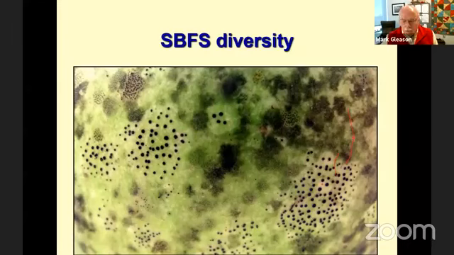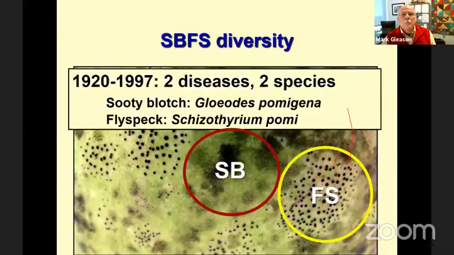This effort combining genetic analysis or molecular genetics with morphological characterization really changed the picture in terms of our understanding of sooty blotch and fly speck diversity. For a long time, from about 1920 to 1997, sooty blotch and fly speck was considered 2 diseases, each disease caused by one species.